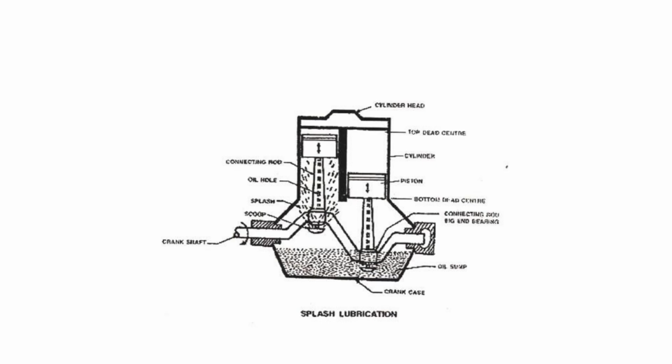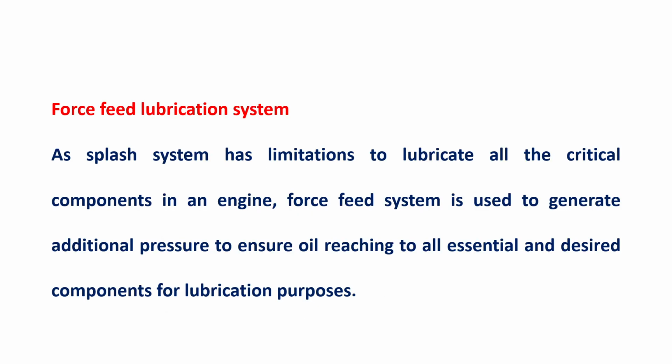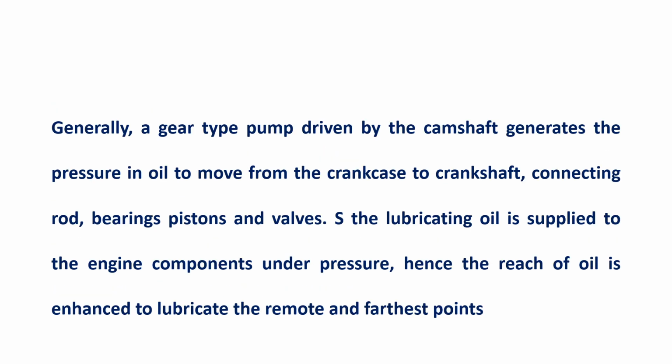Next we go for the forced feed lubrication system. As the splash system has limitations in lubricating all the components, we go for the forced feed system. Here you have a gear type pump. This pump consists of two spur gears, one fitted on the idle shaft and the other on the main shaft.